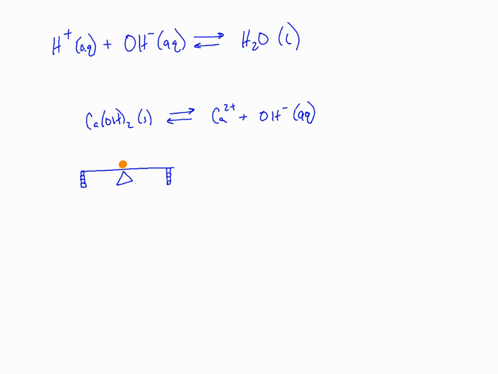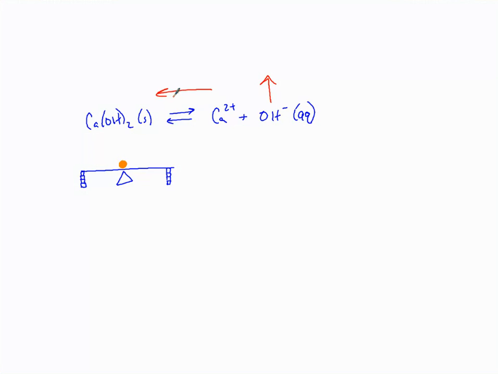If you place it in a basic solution, we're going to have an increase in the amount of hydroxide. So in a basic solution, we are increasing the hydroxide. You're increasing a product. So in terms of Q, it gets larger, and then we could predict there's going to be a left shift.